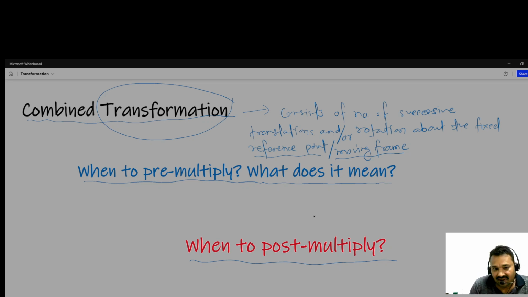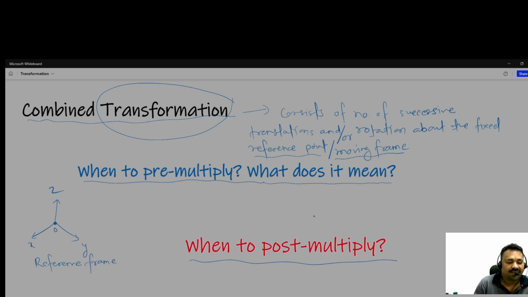अब इसका मतलब क्या है? ठीक है. So suppose कोई point है, like this is our x, y, z reference coordinate system, or simply we write frame.